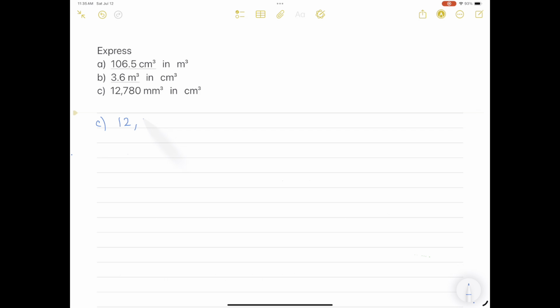Express C, 12,780 cubic millimeters in cubic centimeters. And we recall 1 meter equals 100 centimeters, which equals 1,000 millimeters. Since this problem asks us to convert cubic millimeters to cubic centimeters, I will focus on the relationship between centimeters and millimeters.